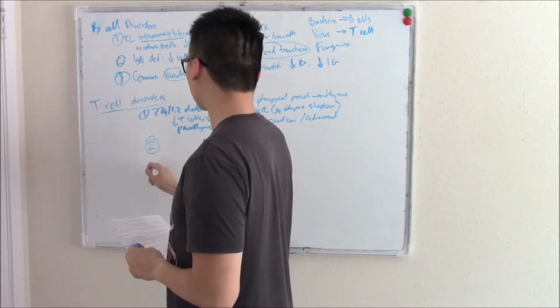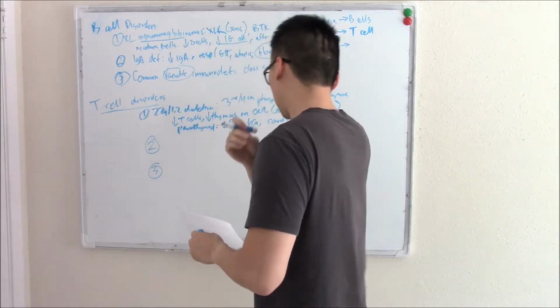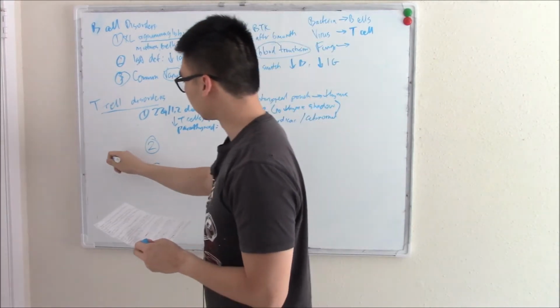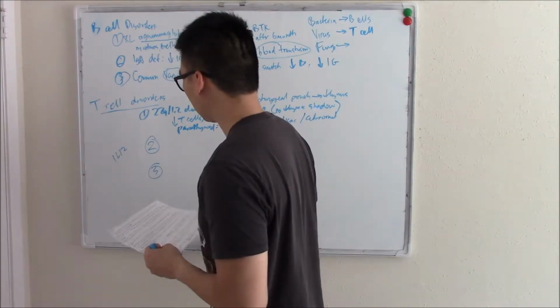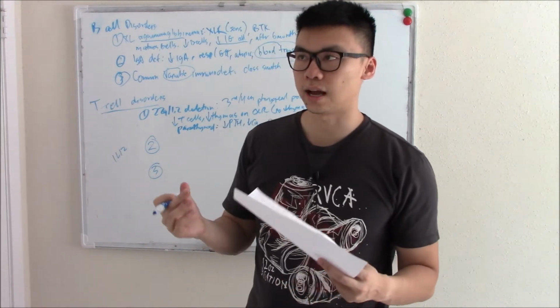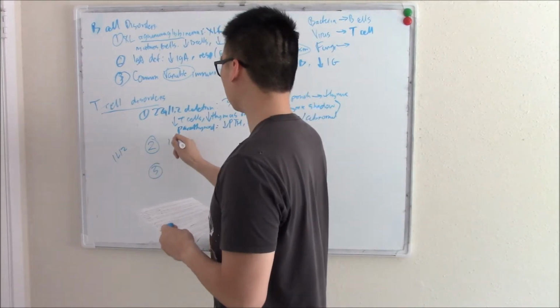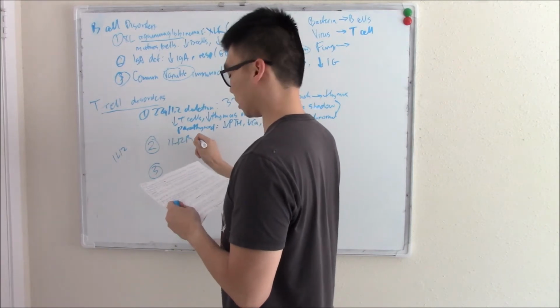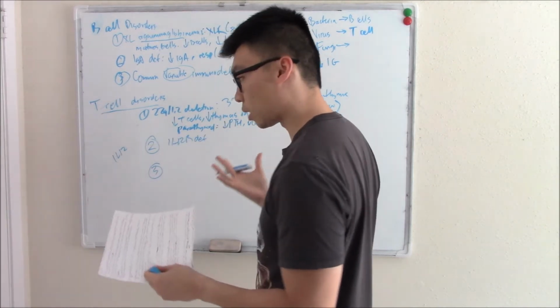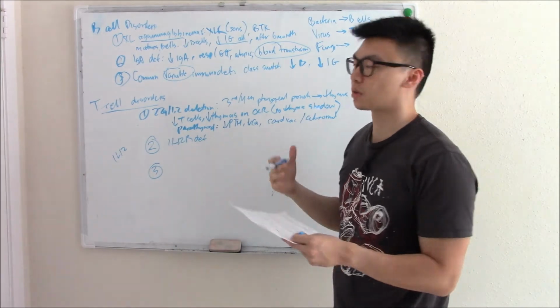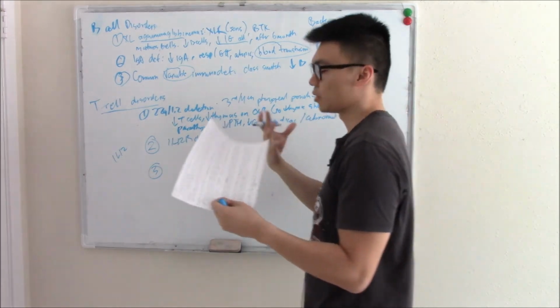The second and the third one are very similar. They deal with decreased IL-12 function, and they have slightly different mechanisms. So the second one we're going to talk about is IL-12 receptor deficiency. So IL-12 levels are normal, but it's not hitting the receptor, or there's not enough receptors, or there's some sort of mutated receptor.